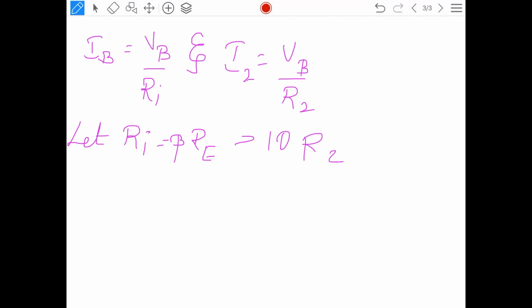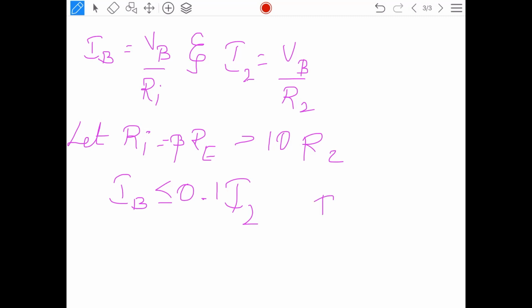With this assumption, we are going to assume current. If the Ri and R2 relationship is 1:10, then IB will be less than 0.1 of I2. Correct? Current and the resistance relationship.